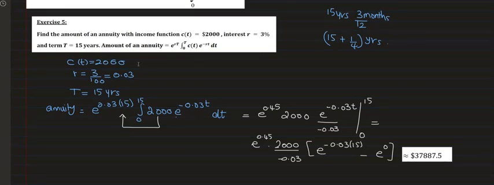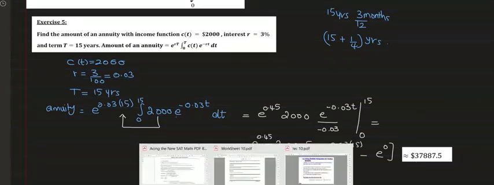And it makes sense: if someone pays $2,000, for example, for 15 years at an interest rate of 3%, this amount is going to be, after 15 years, 37,887. So it makes sense as a retirement plan for 15 years that one would get that amount of money at the end.